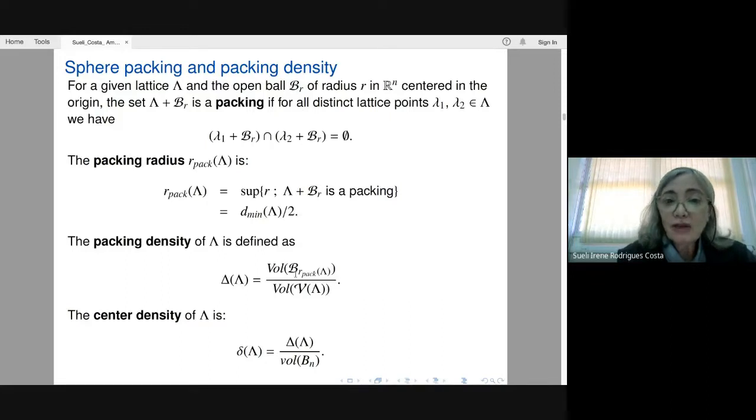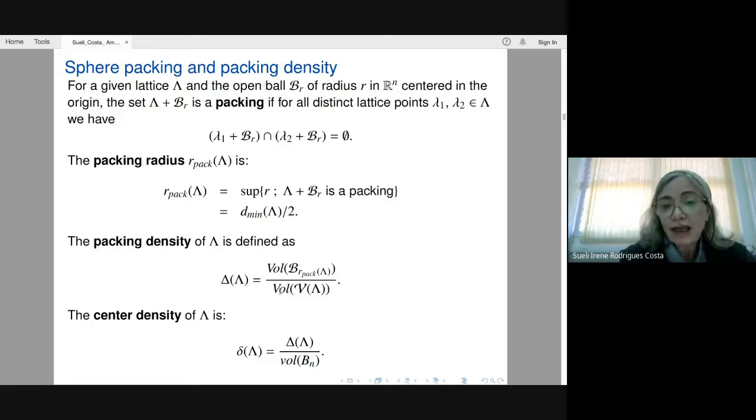And the packing density of a lattice is the volume of this packing ball divided by the volume of the lattice, which is the same as the volume of the Voronoi region. This is the fraction of R^n that will be covered by these balls, right?